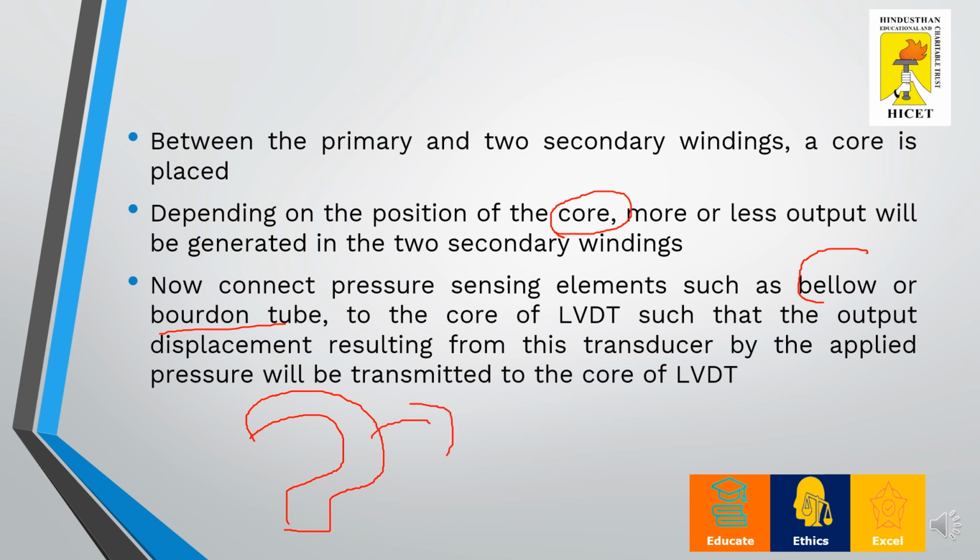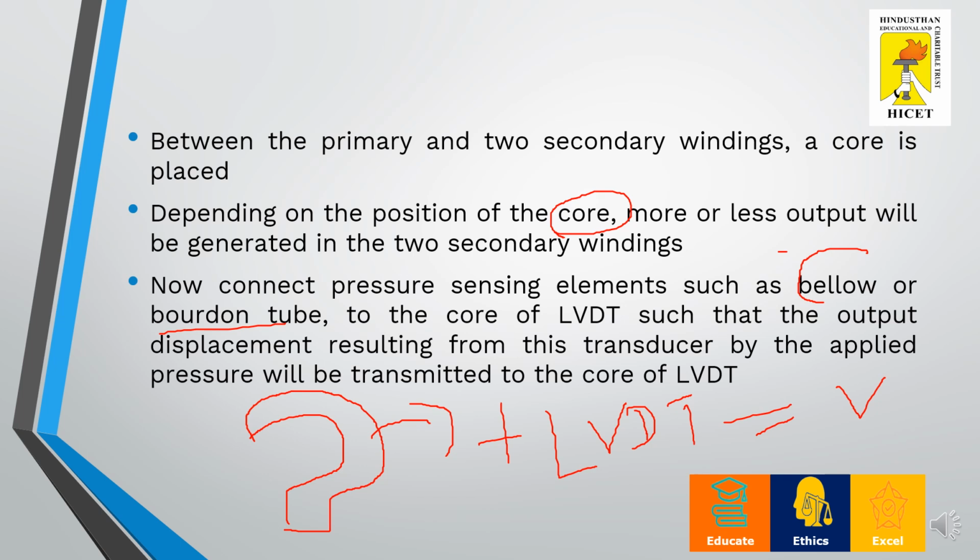And this arrangement is called a bellow, or sometimes it is termed as Bourdon tube. So this is the main part which is acting like a pressure sensing element. And now this pressure sensing element along with this LVDT is going to convert this pressure into the electrical voltage.